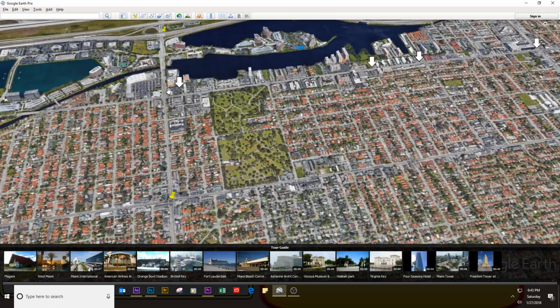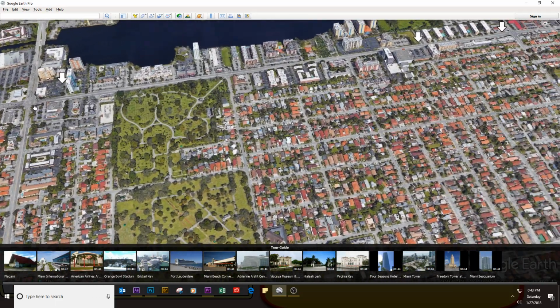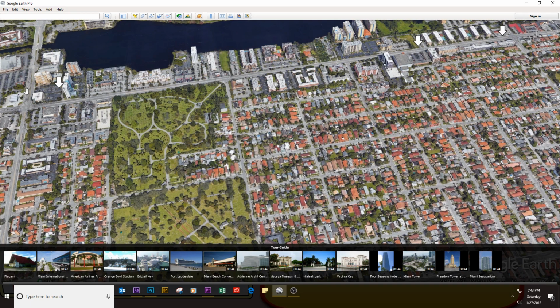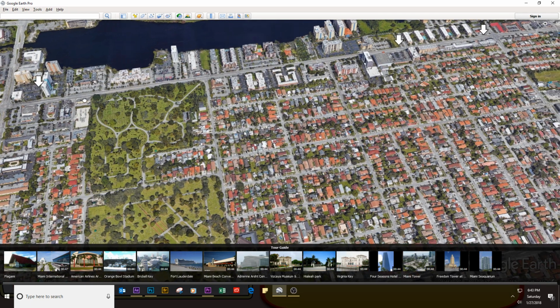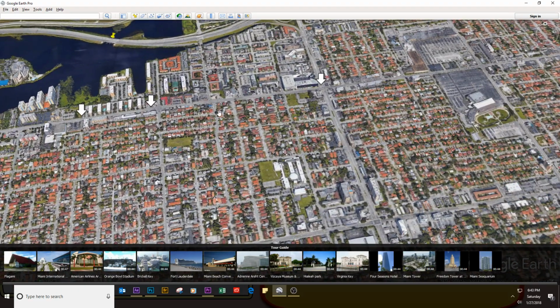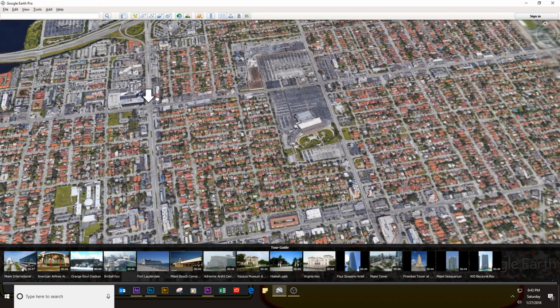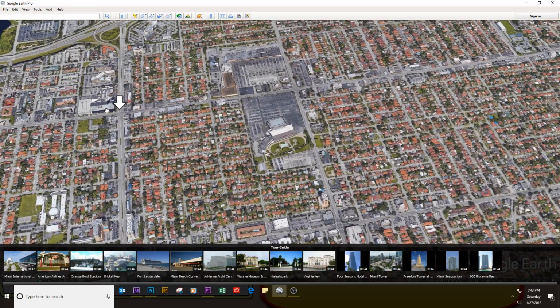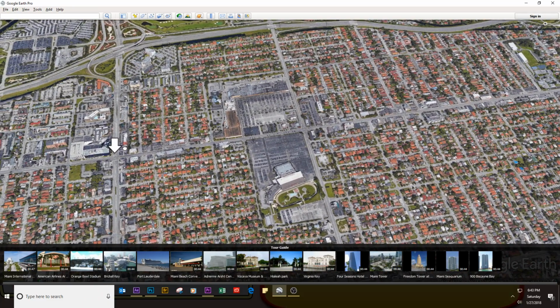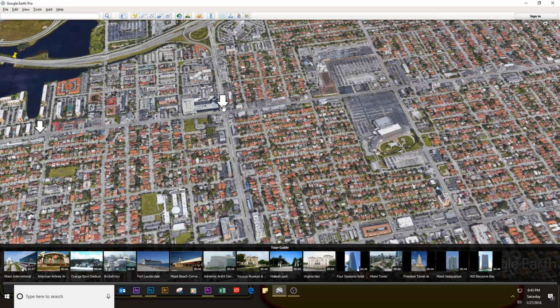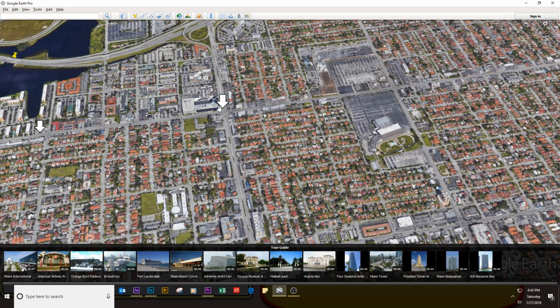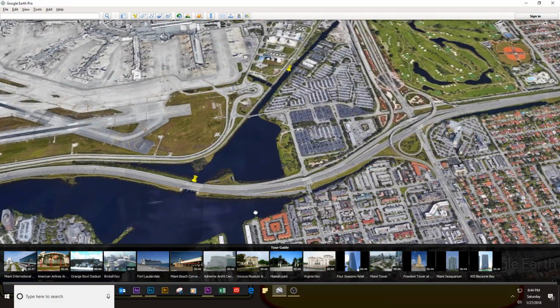No, I'm sorry, this is 72nd Avenue and Northwest 7th Street. Here's 57th Avenue, and 7th Street Northwest. Here's the airport.